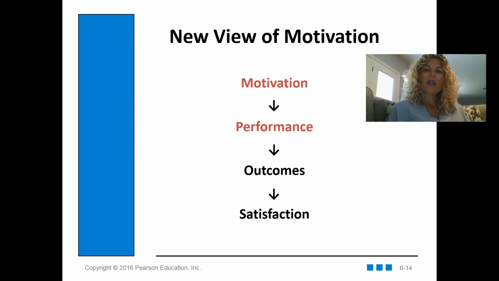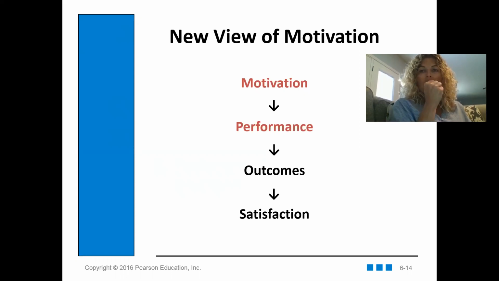So they'll end very satisfied, which will increase their motivation and impact their performance, and this should cycle continuously, ideally. But if we don't do it very effectively and we end with a dissatisfied employee, then it makes it more challenging to motivate them in the future. So we really want to think, what can we do? What's our part as managers, as an organization, to set this particular tone?